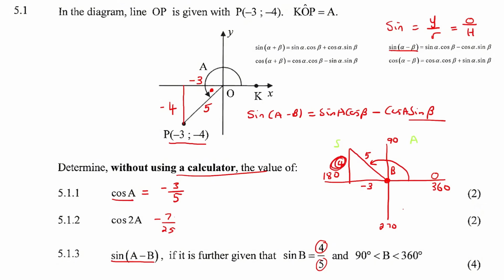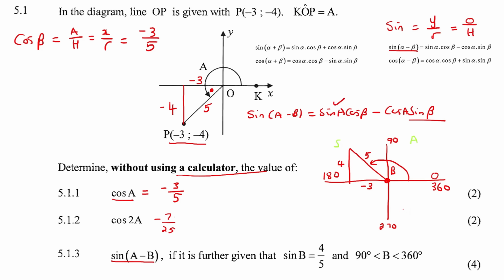This one stays positive because it's on the positive y-axis, and this one will always be positive. Remember, the hypotenuse is always positive. Now we can work out cos B, because we know that cos is adjacent over hypotenuse, or x over r, whatever method you prefer, and that's going to give you negative 3 over 5 from this triangle here.